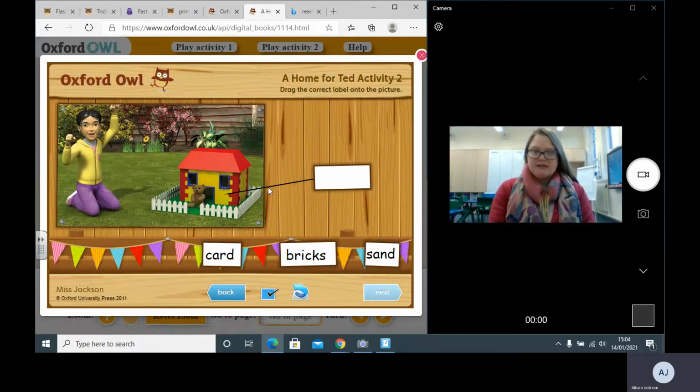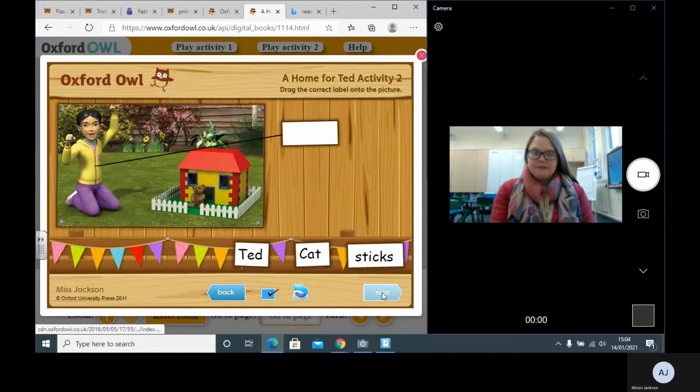Okay, now we can see the arrow is pointing to the house. Let's have a look. Card, bricks, and sand. Will it be card, bricks, or sand? The answer is bricks. Okay, now we can see we've got the arrow and it's pointing to this person.